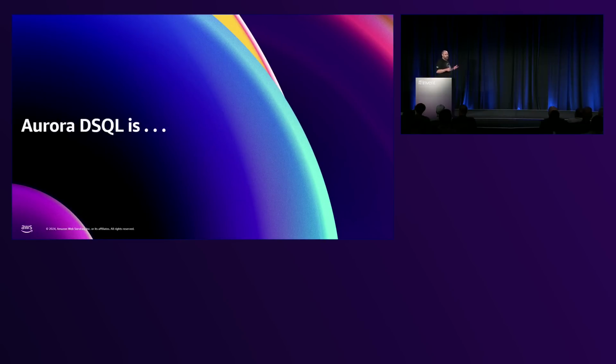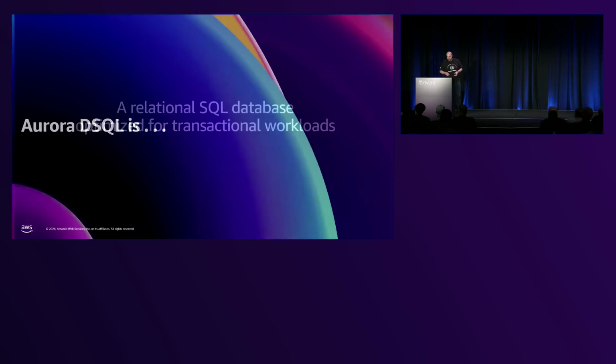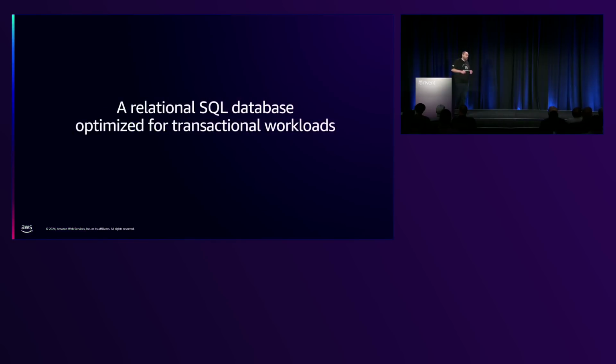So what is Aurora DSQL? Fundamentally, it is a relational SQL database that is optimized for transactional workloads. And by transactional workloads, we mean the kinds of things that run your service architectures, your microservice architectures, mobile backends, and so on. This is not a database that is optimized for analytics or data warehousing.